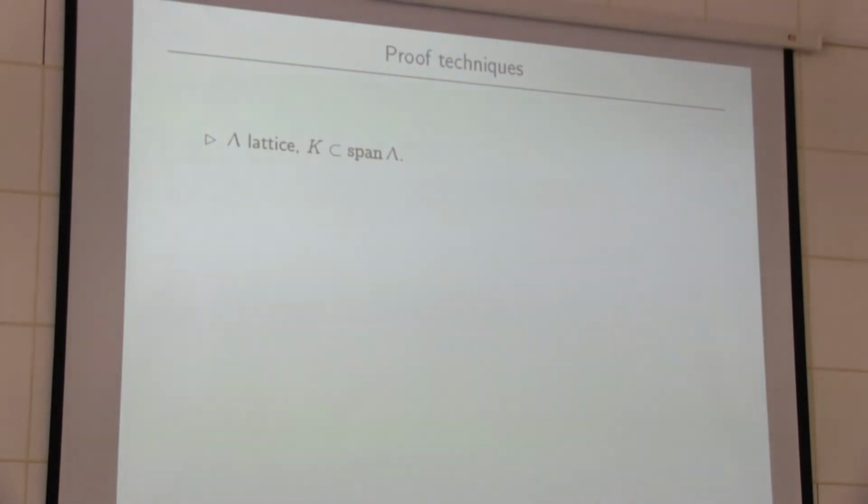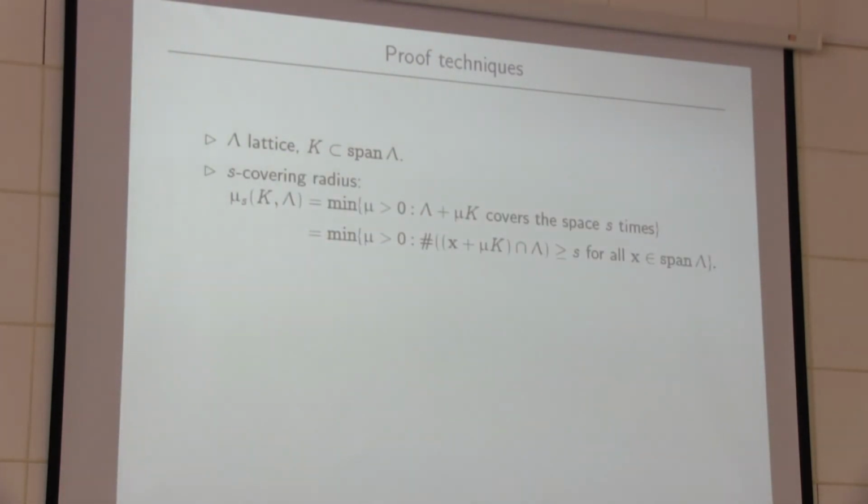Alright, so I have 5 minutes left, so let me say a couple of words about the techniques which we use in the proofs. The proofs are based on the Minkowski geometry of numbers. And the main idea is to extend the definition of the covering radius.